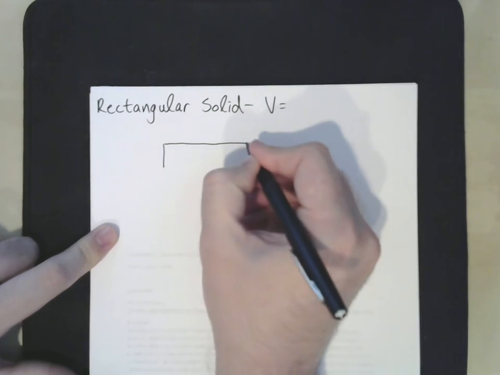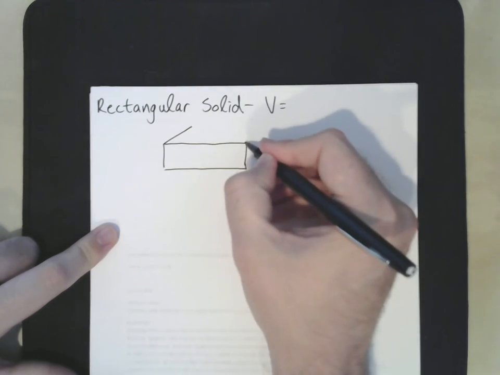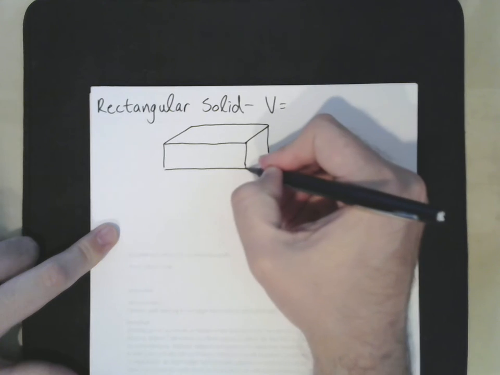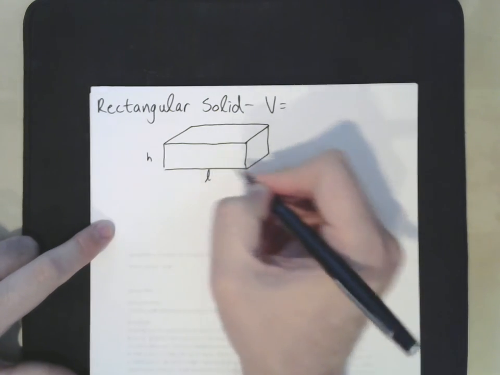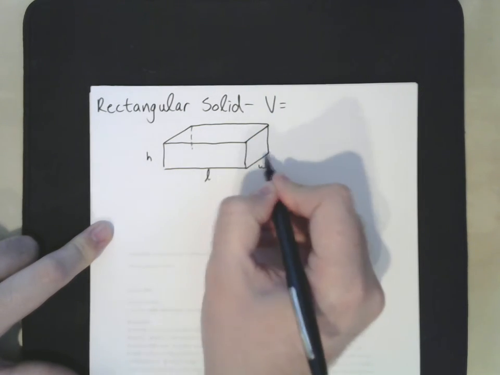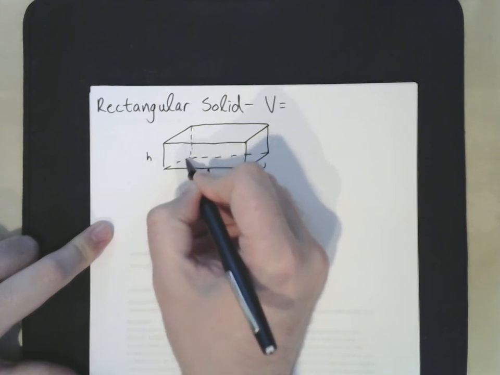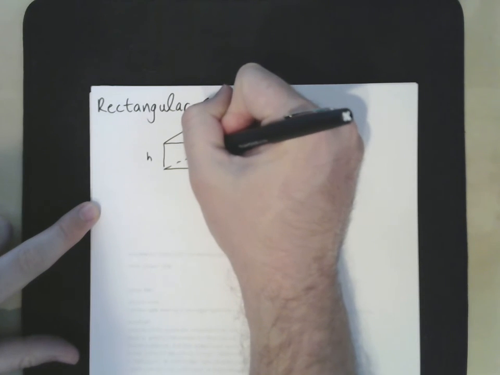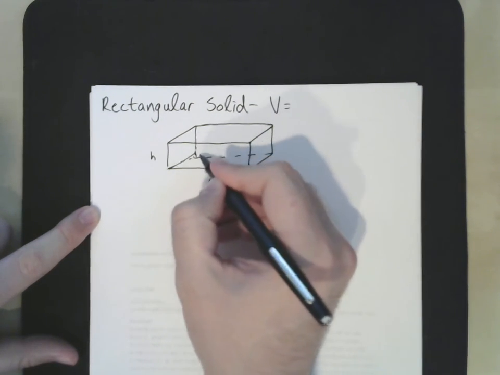So I'm going to draw myself a little rectangular solid. Try and make it as much not like a cube. Again, it doesn't need to be perfect.